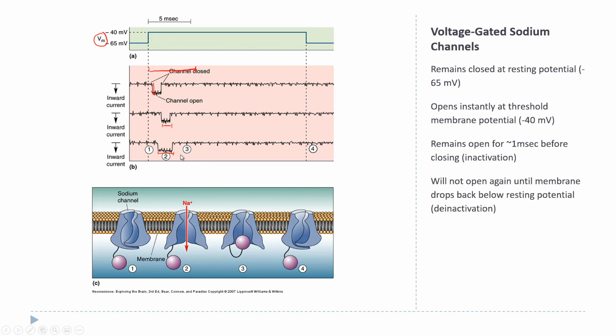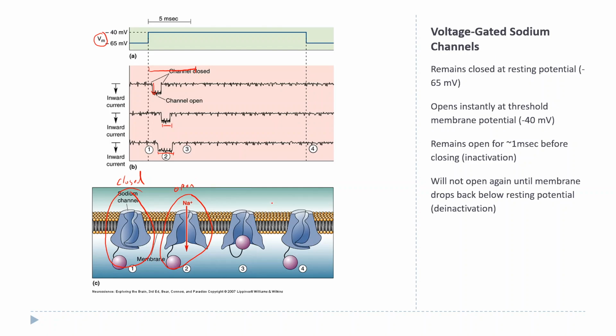And then after that millisecond, the channels enter a new state called inactivation. So this basically is what the channel looks like when it's closed. And then after crossing threshold, it goes into this state, which we call the open state.